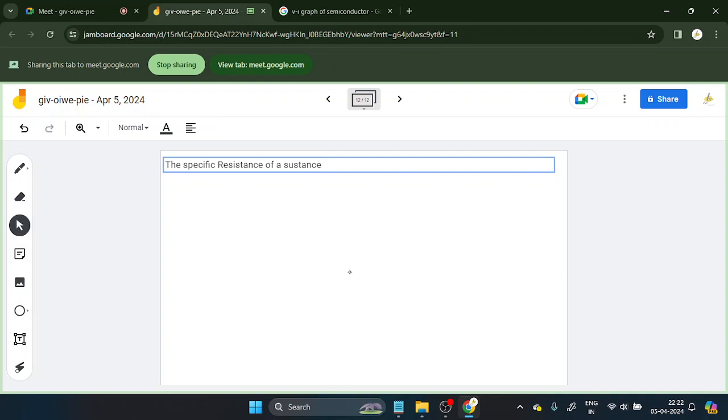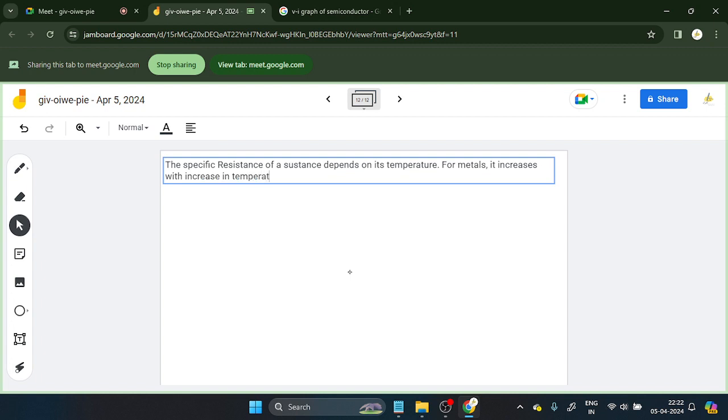For metals, which means for conductors, it usually increases with increase in temperature, just like the resistance used to increase with increase in temperature.